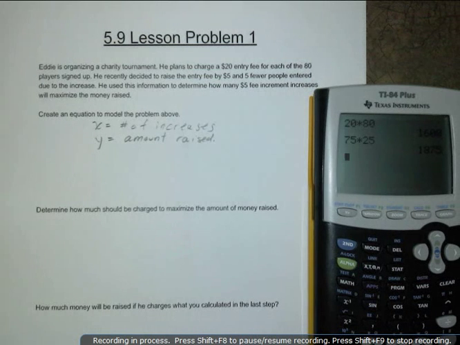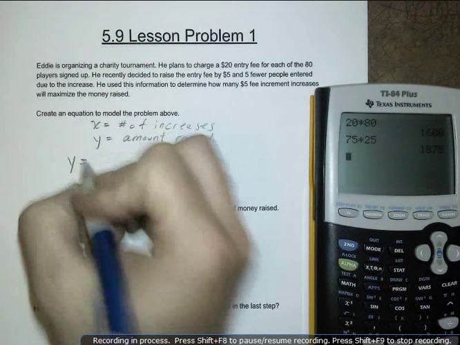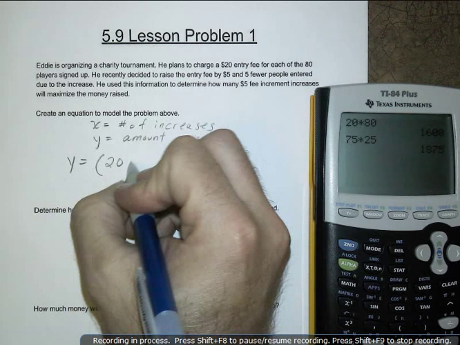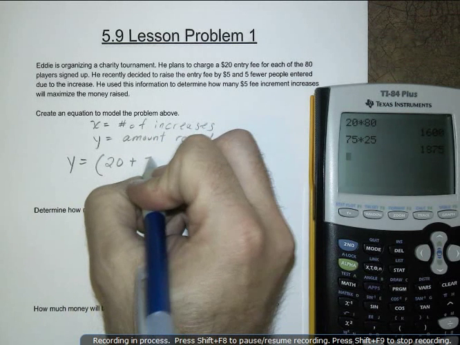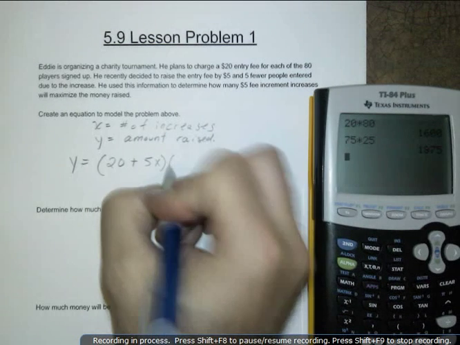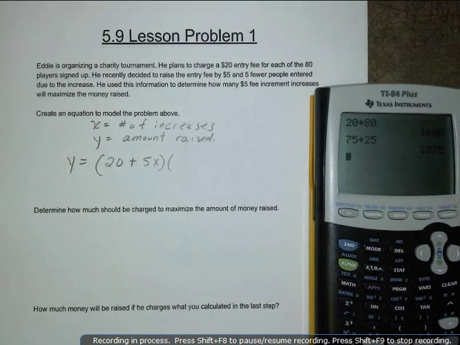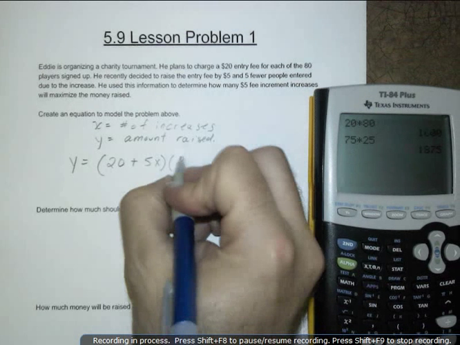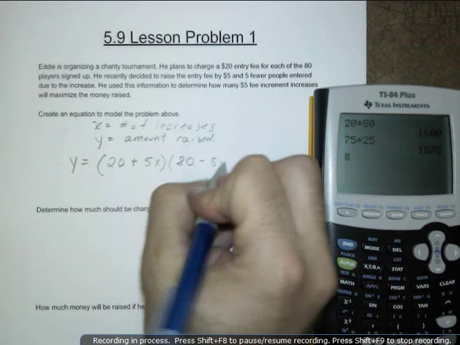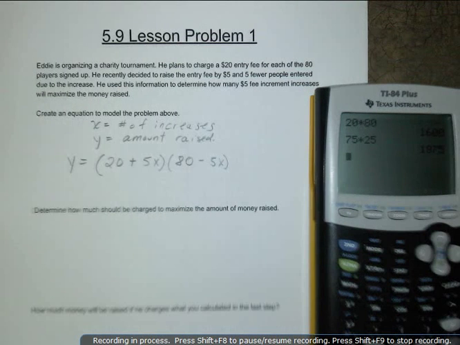So the equation is going to be y equals, start off with your $20 and then add on 5. We don't know how many increases yet, so that's x. And then we start off with the number of people, which is 80, and every increase is going to decrease by 5. Okay, so there's your equation.